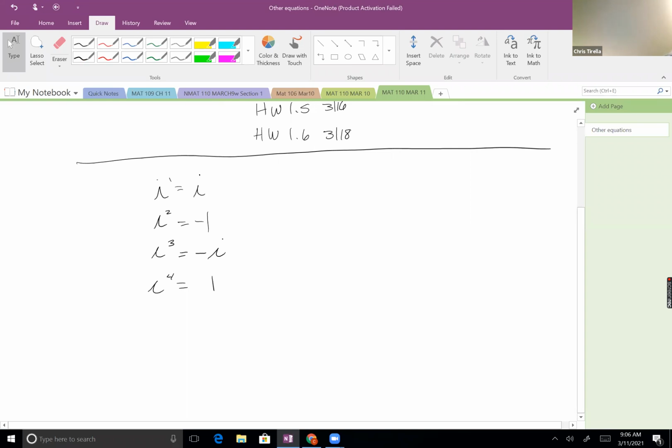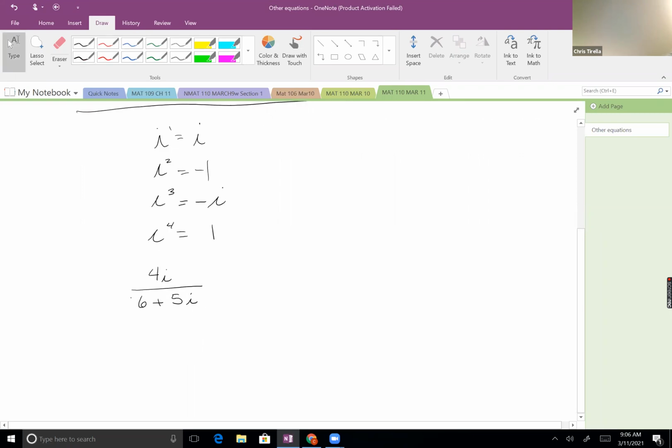If we're dividing complex numbers, let's say I have 4i over 6 plus 5i. Remember that we want to get that complex number out of the denominator, so we use the complex conjugate, which is like when we're multiplying by the sum and difference with binomials.